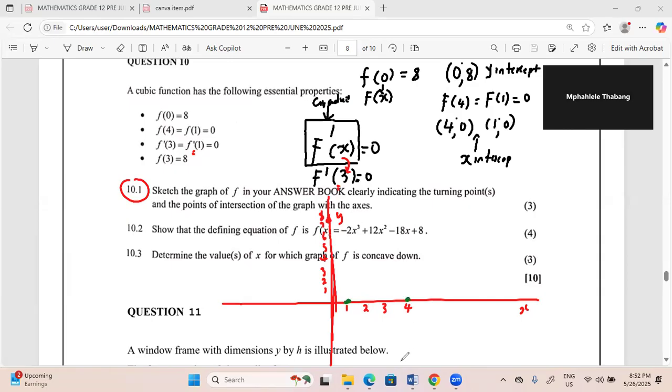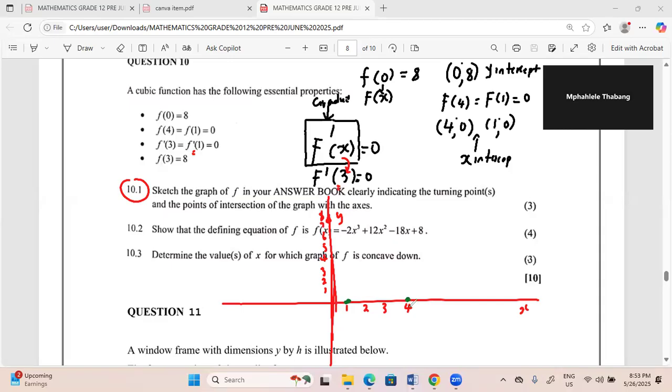And I know the x turning point is 3. The graph turns when the value of x is 3, and it also turns when the value of x is 1. So 1 is the x-intercept and it's also a turning point of the graph. So how does the graph look in this case?